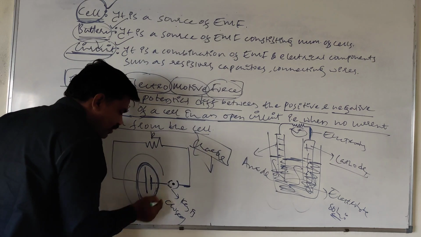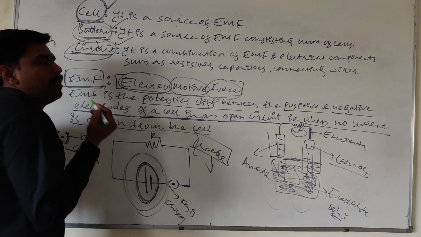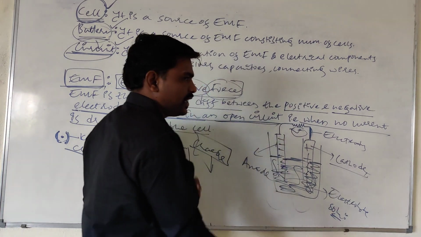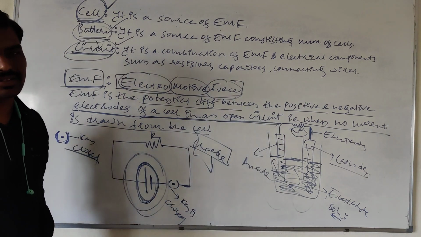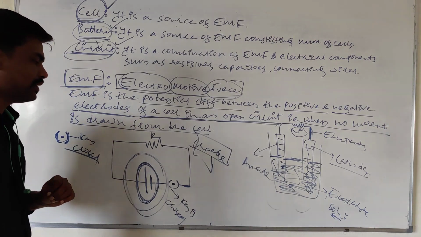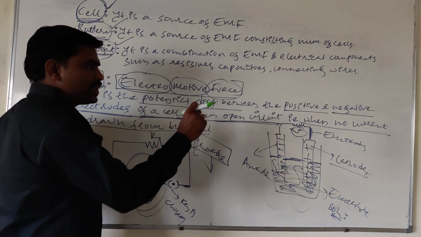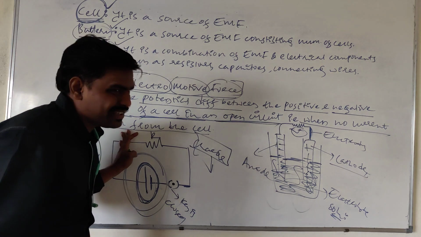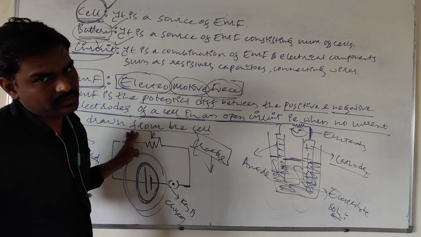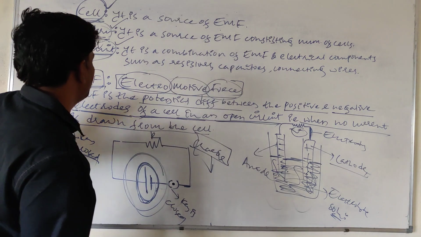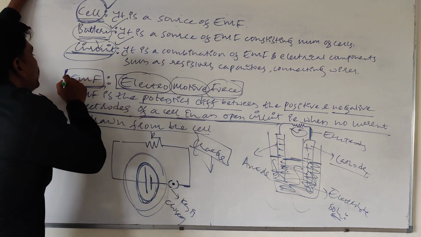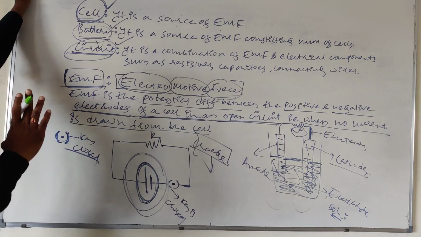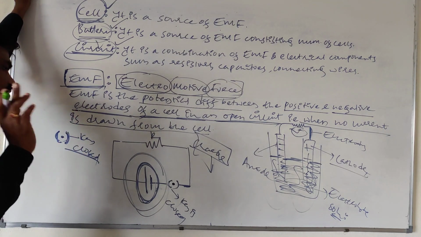We cannot draw current from this cell because it is in an open circuit. So this is the point to be noted here. When the circuit is open, no current is drawn from the cell. Clear my point, right? So this is called EMF, electromotive force.